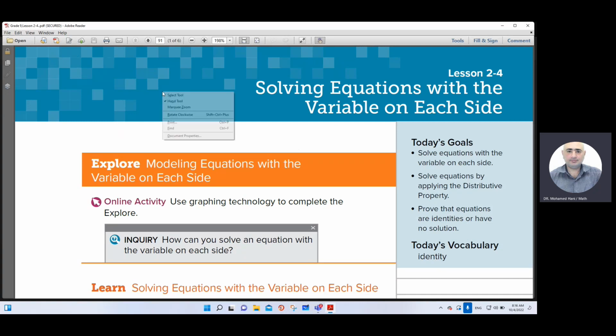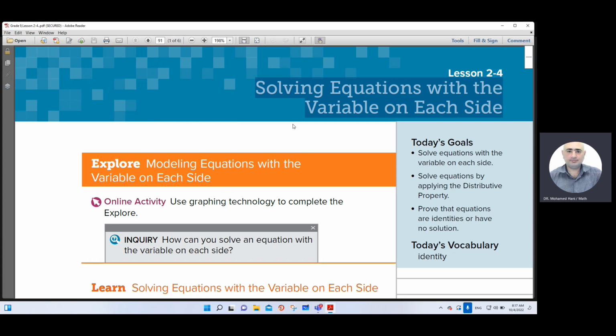So in a new page, please write the title: solving equations with the variable on each side. Quickly, please. In the previous lessons, we learned how to solve an equation with one variable on one side.